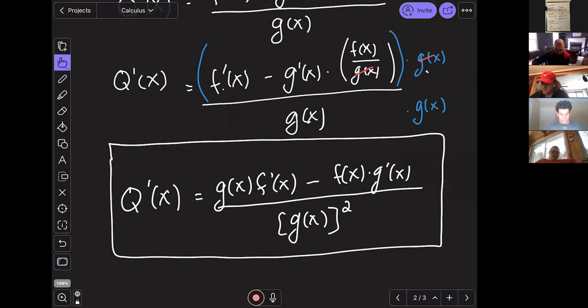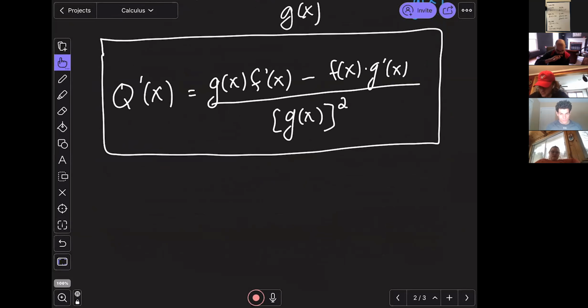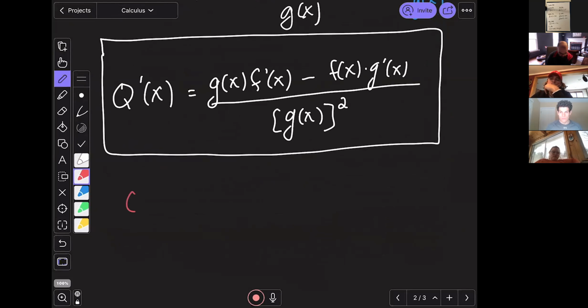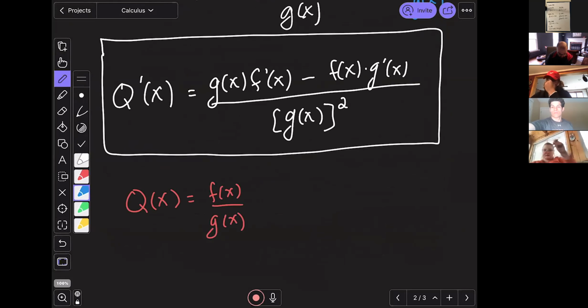Now, often what we do is we use a mnemonic. And if you think about a quotient as this f of x over g of x, sometimes what I like to think about this is high, right? So this is like the numerator, it's high, and then the denominator is low.